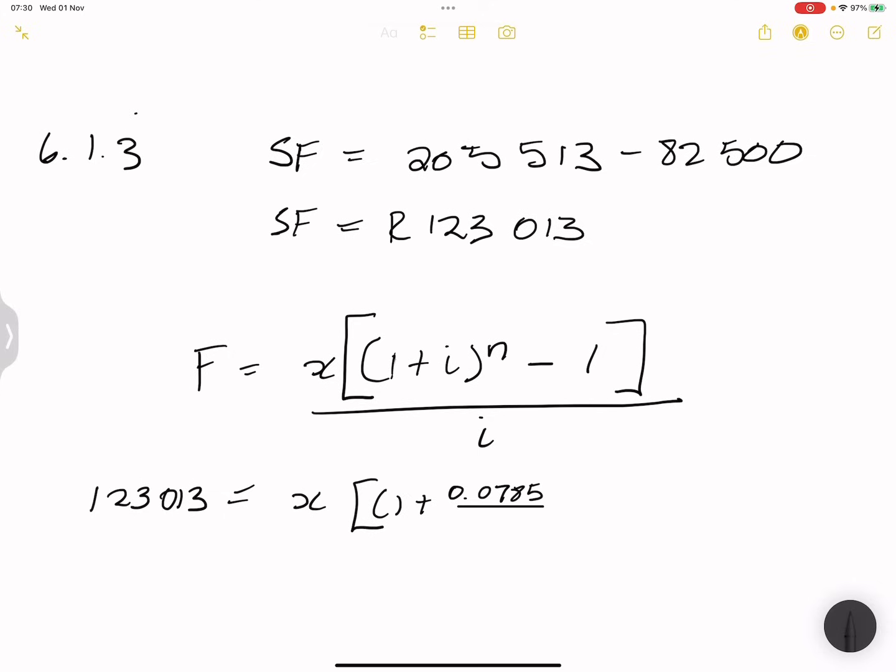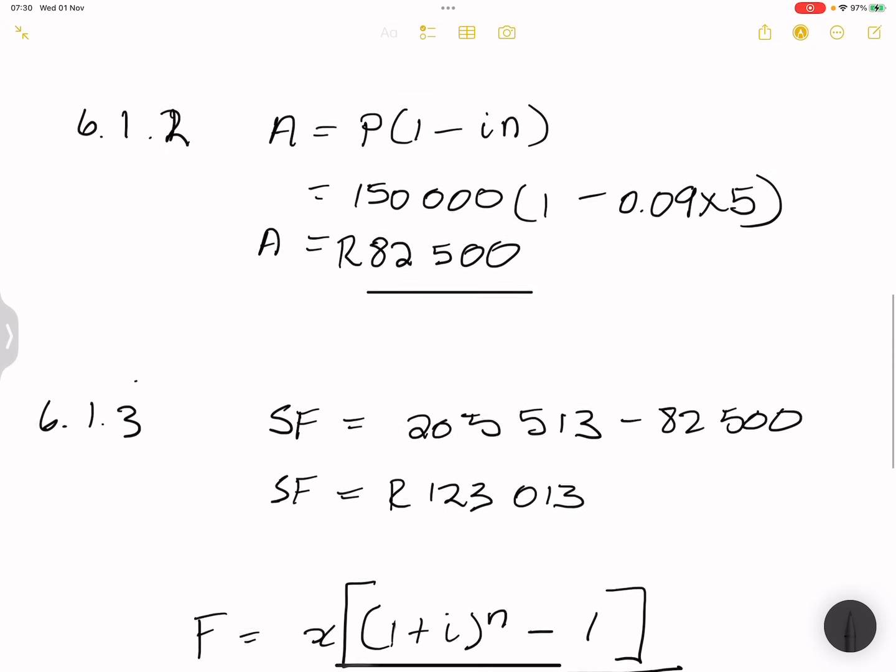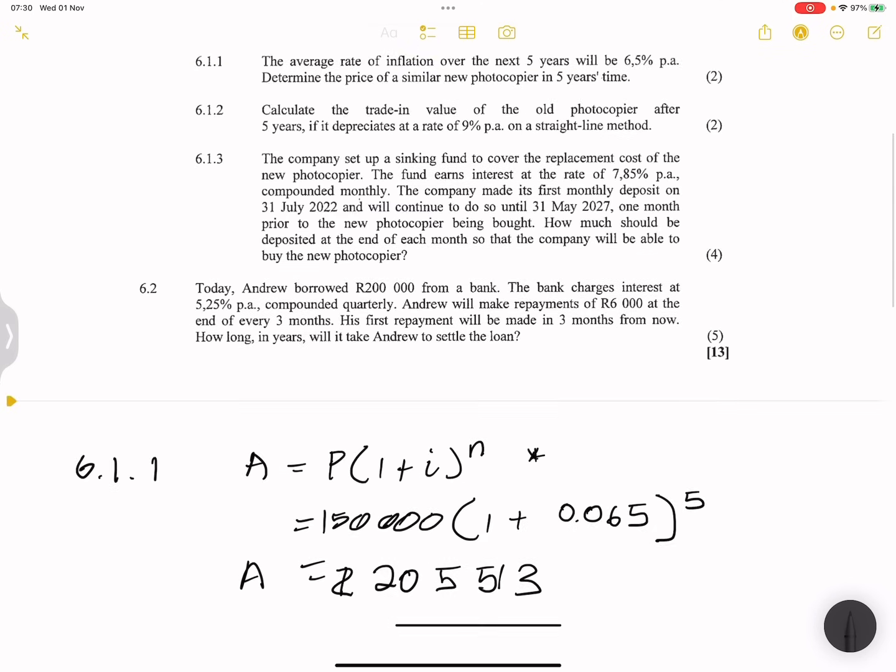Now I want you to note that they did say that it's compounded monthly, so that means we're going to divide that by 12. Now remember when we talk about n, that would be the number of months that it has been compounded by.